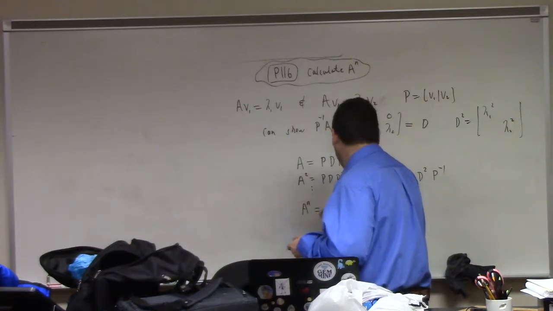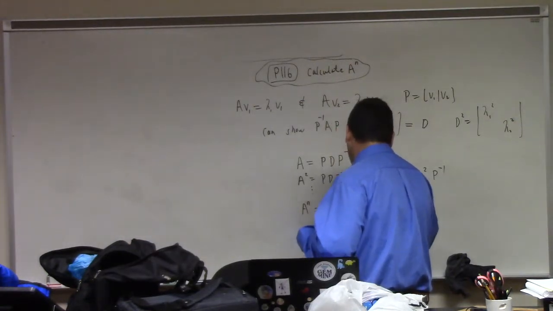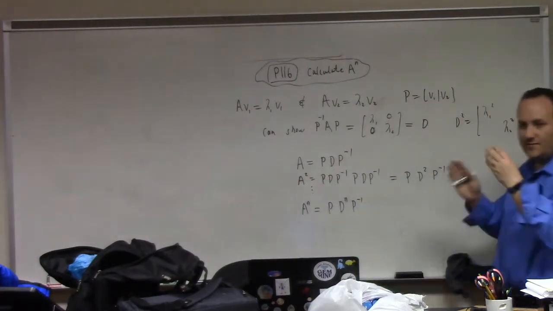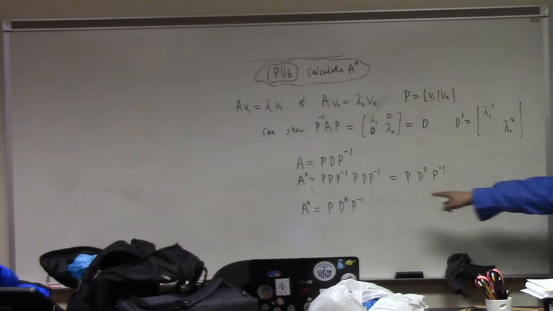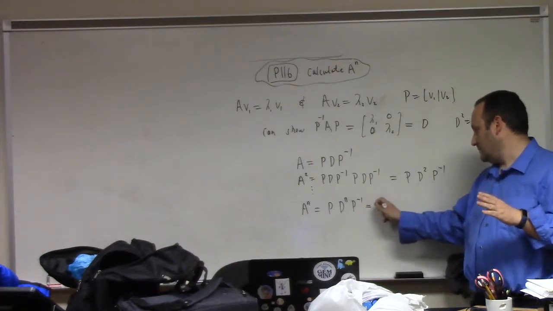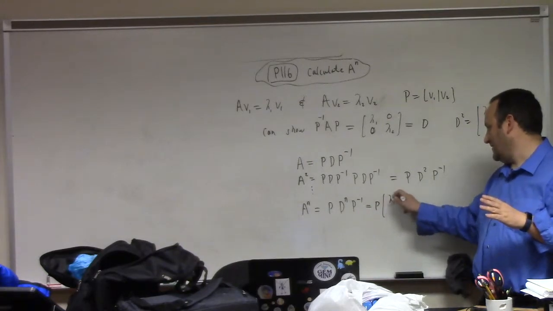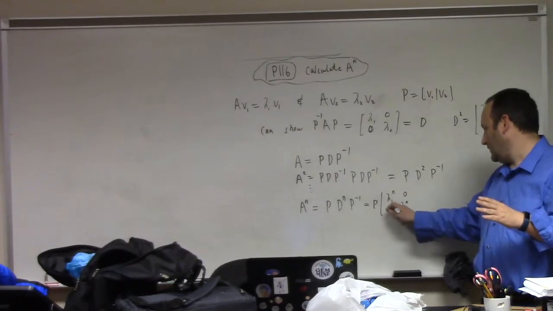To calculate A to the n, we do P D to the n P inverse, by essentially the same telescoping of the interior P inverse P pairs. And so this is straightforward to calculate because D to the n is nothing more than diag(lambda 1 to the n, lambda 2 to the n), right?